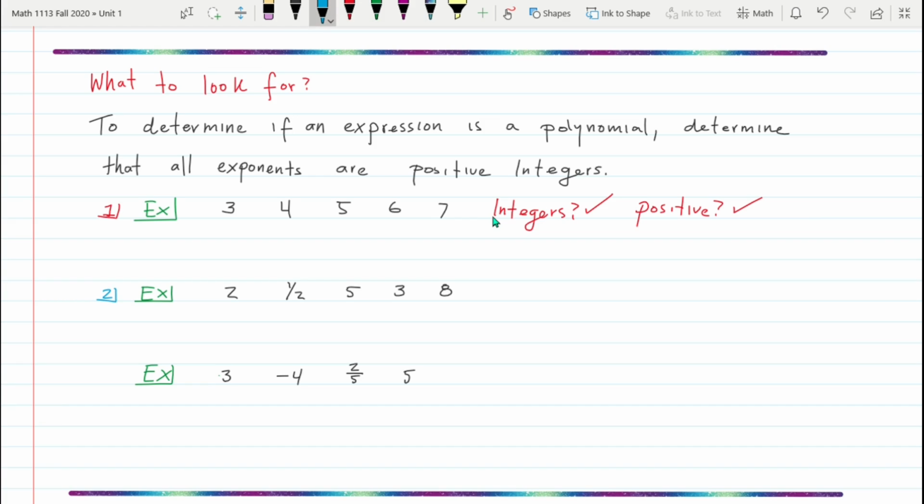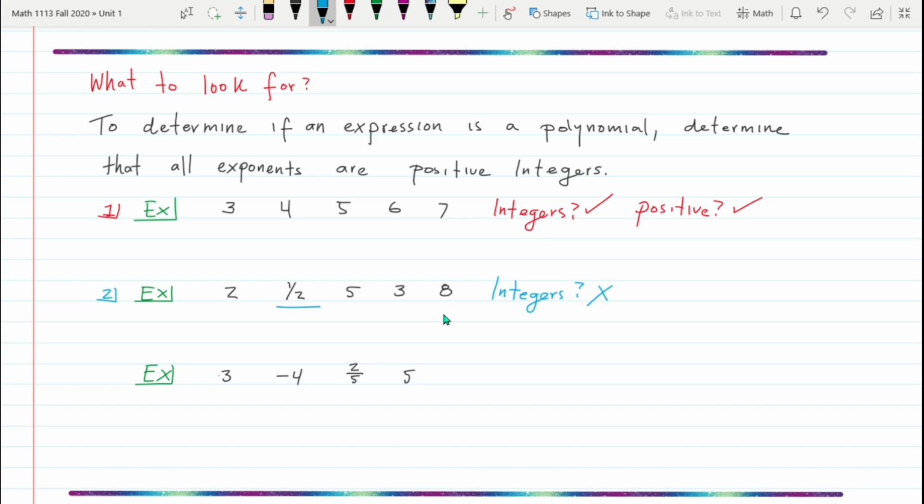We have the numbers 2, 1/2, 5, 3, and 8. Now, are they integers? All of them? And the answer is no. Not all of them are integers, right? This is a fraction. It's a rational number, so it doesn't really fall in the integer category.